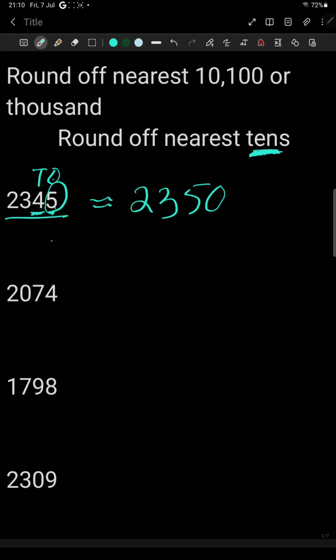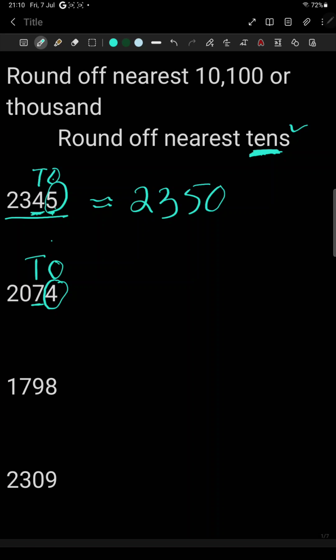The next number, for instance, is 2074. We are going to round off to the nearest tens, so ones, tens. We will underline the tens. Now we will circle the number on the very right side of the tens. This is 4. 4 is less than 5.